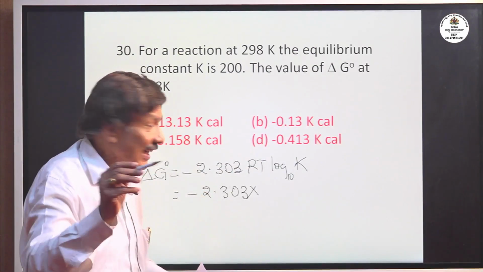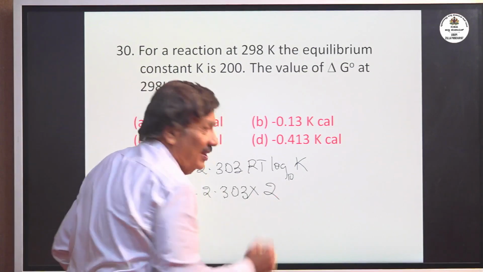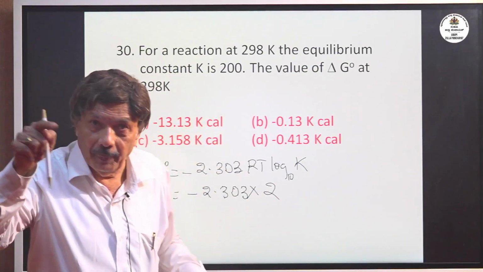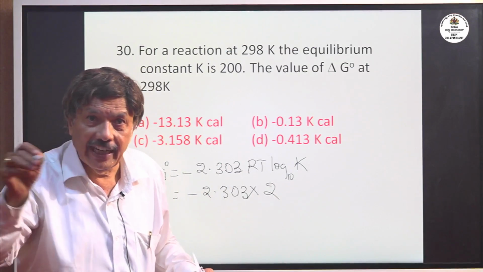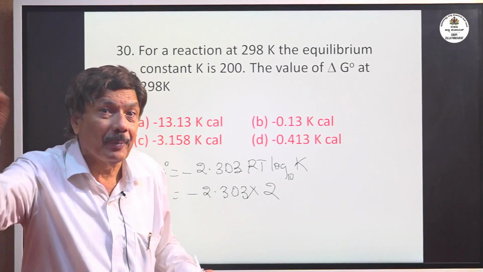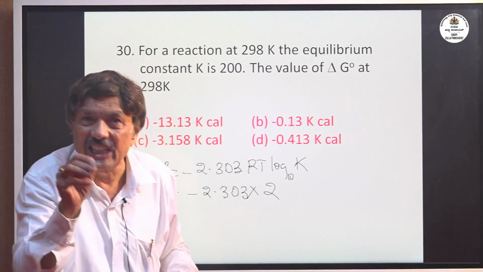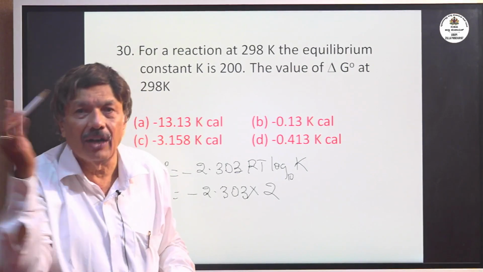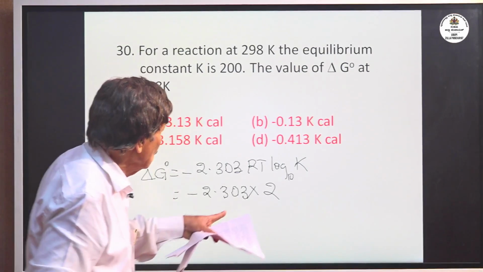R is 8.314 joule per Kelvin per mole, 0.0821 liter atmosphere per Kelvin per mole, and in calories, exactly 1.98, but we round it off to 2 calories.